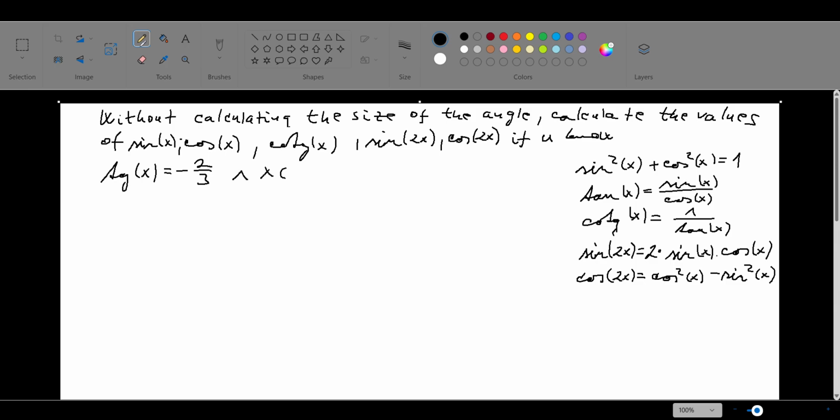And x is from the interval, as tangent is negative, it must be from the interval pi over 2 to pi, which means it is from the second quadrant, because tangent is negative in the second and fourth quadrants, so everything is set here for our new calculation.